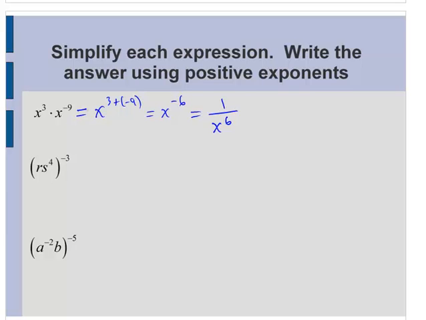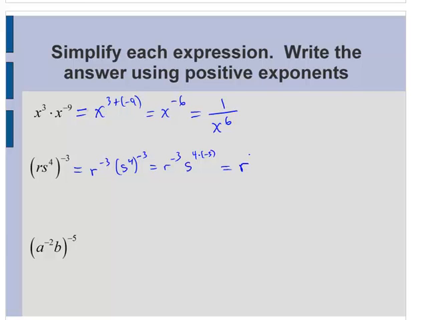r s to the fourth, all to the negative third power, using our rules for exponents, would be r to the negative third power, s to the fourth to the negative third power. Let's leave the r to the negative third alone for a moment. s to the fourth to the negative third can be written as s to the 4 times negative 3, using our power to a power rule from a previous section.